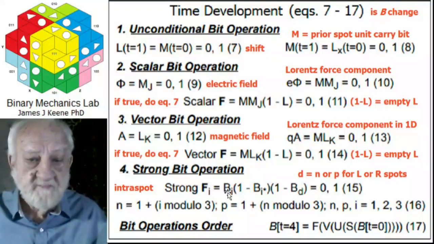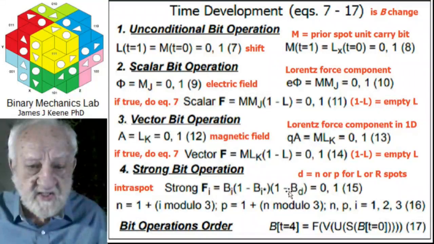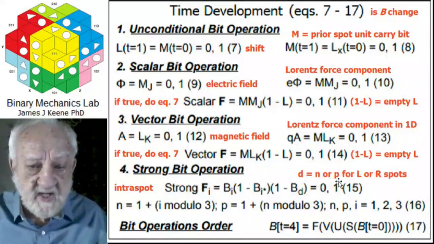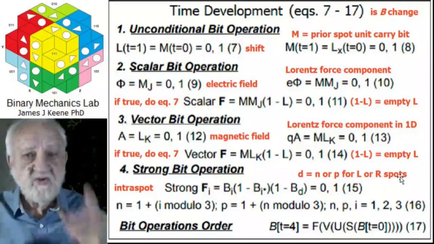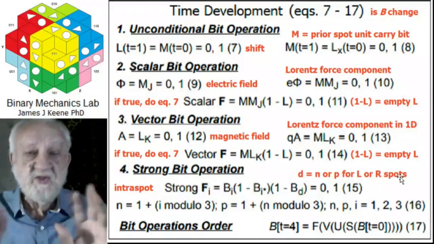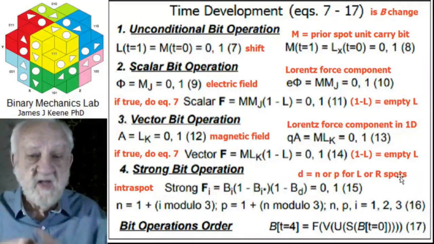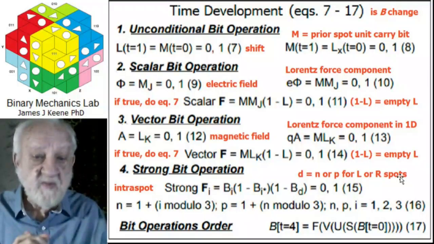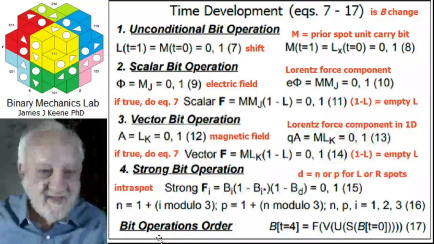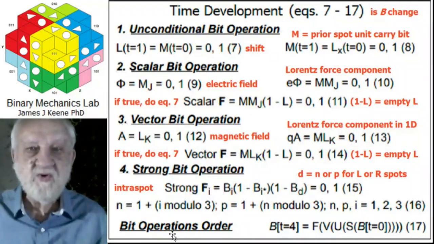And so the D here in the destination, which must be empty, is computed with equation 16 to be equal to N or P for the left or right spots. In other words, the direction of the shift between one dimension and another in the strong force depends upon the handedness of the spot itself. It's really that simple.